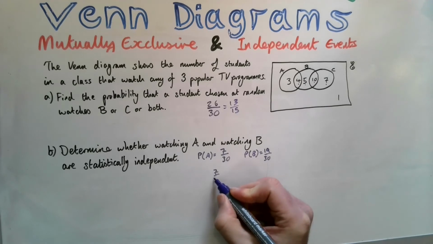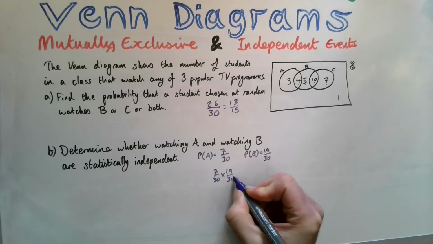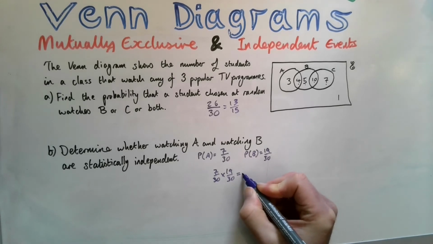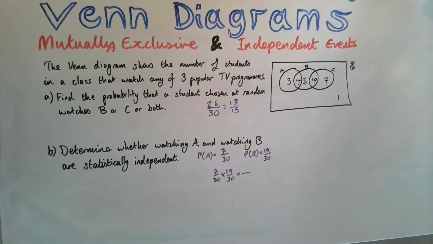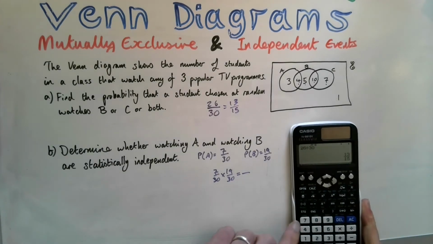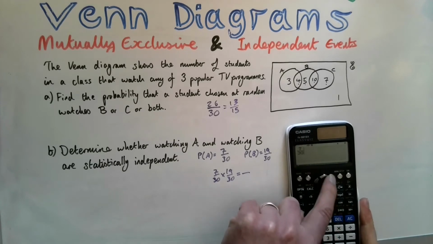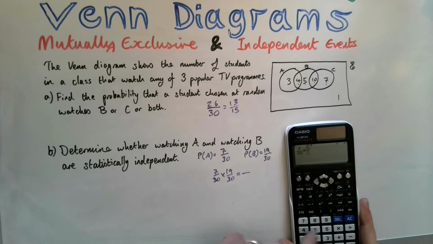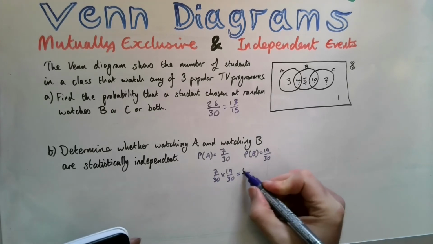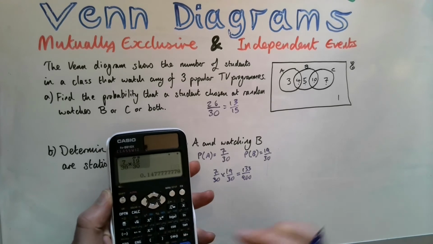So 7 out of 30 times 19 out of 30 is going to be equal to, doesn't look like 4 out of 30, but let's whack it in the calculator anyway and see. 7 out of 30 times 19 out of 30 equals 133 over 900, and we could turn that into a decimal, couldn't we?